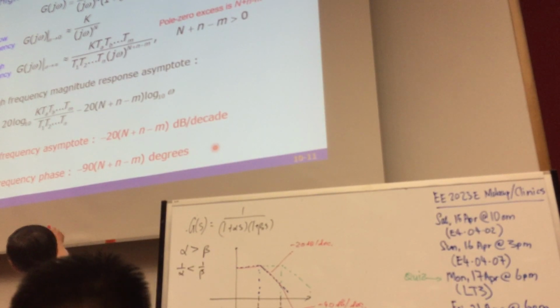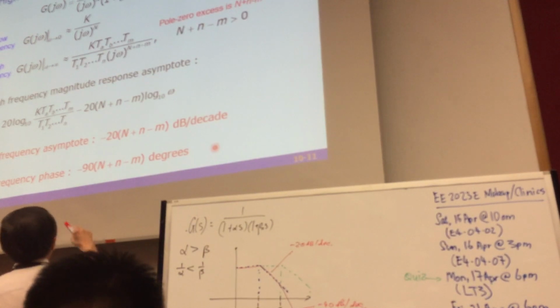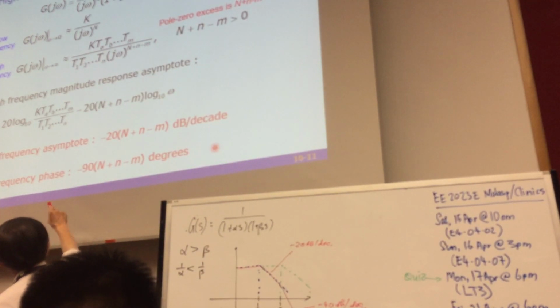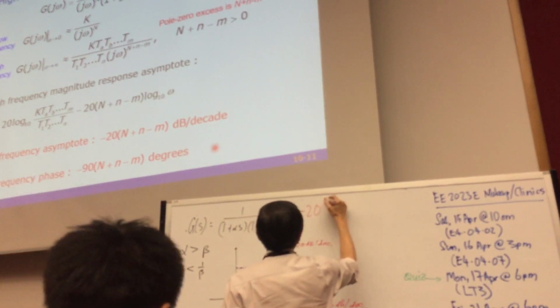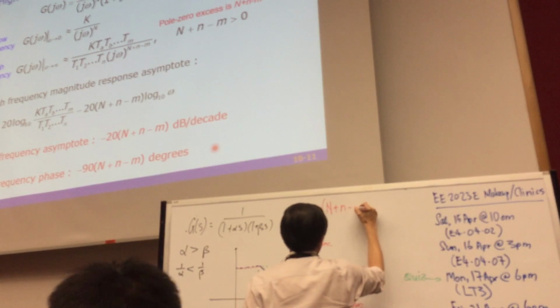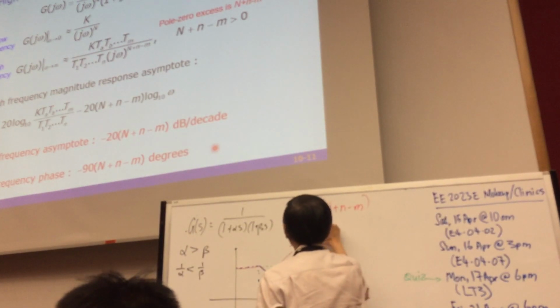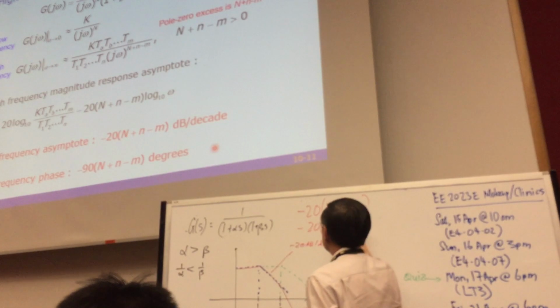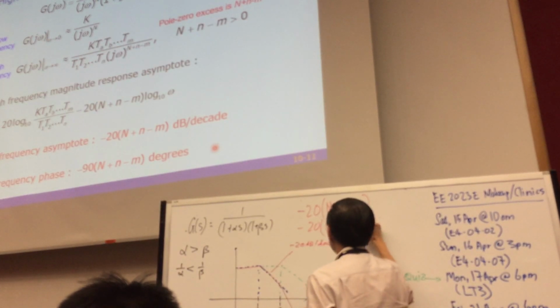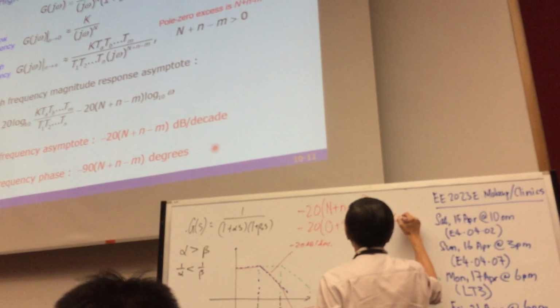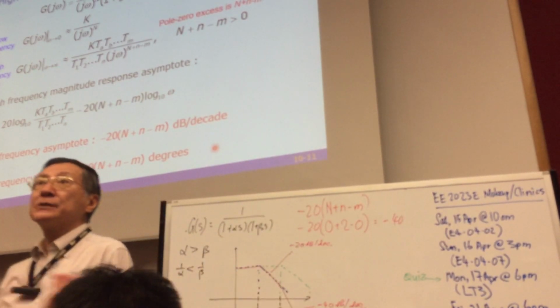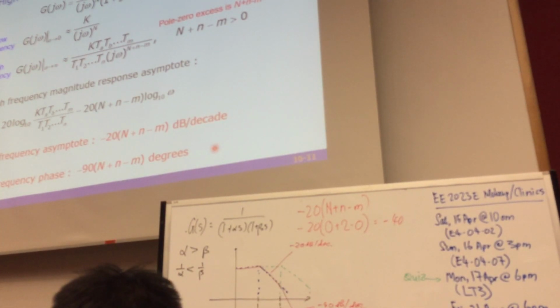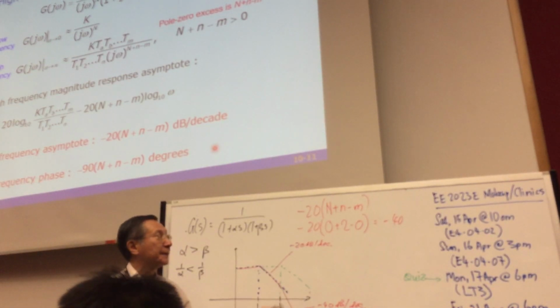We say the high frequency asymptote is minus 20, capital N plus N minus M. So it's minus 20, capital N plus N minus M. So in this case, we have capital N is 0, N is 2, M is 0. So therefore, minus 40 dB per decade. There's no little n because there's no 0. Yeah? So that is explaining the high frequency asymptote.